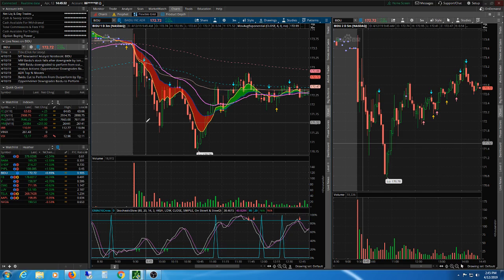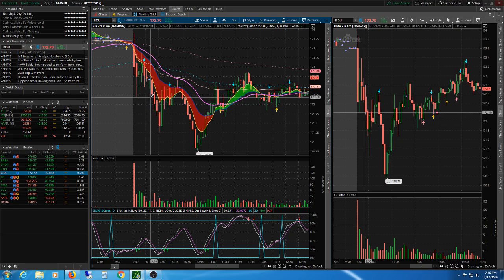I only pay per contract, so it doesn't matter if I buy 5 contracts and sell all 5 at once, or if I sell one at a time 5 times. I pay the same amount, and that made a big difference. Now I can sell half of it here and let the rest ride, and it won't cost me any more money.